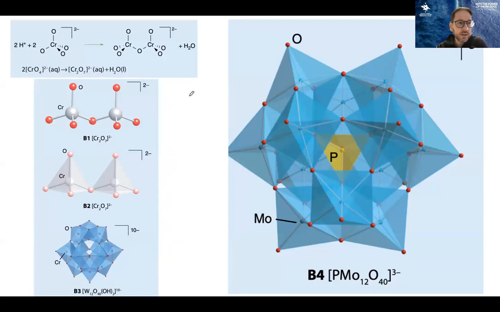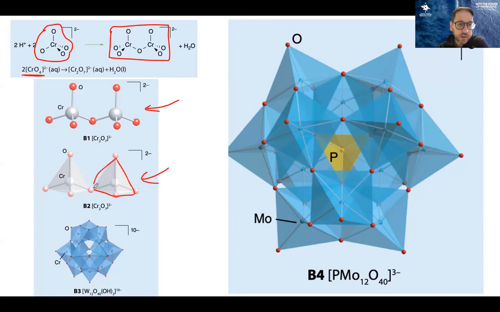So here we have an example of this type of reaction for two chromate ions, in which we have the condensation reaction generating the polyoxo anion, and here the different ways that this can be represented, showing this representation also based on polyhedra, so that you can easily see from this molecule that is a little bit simple.